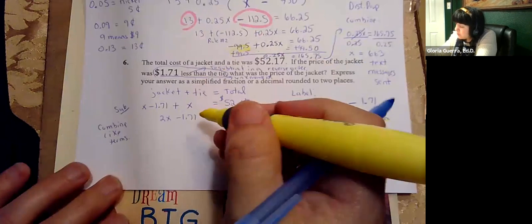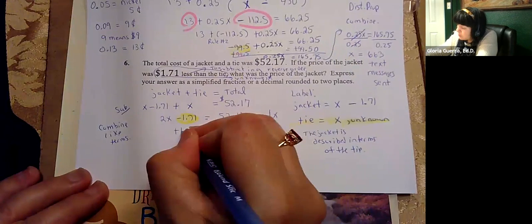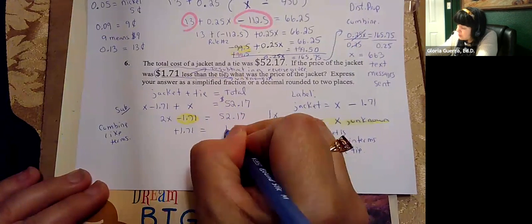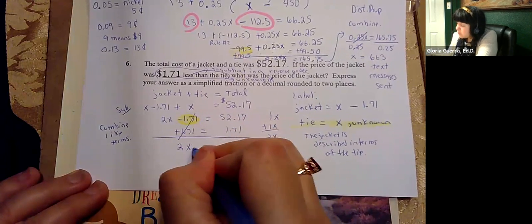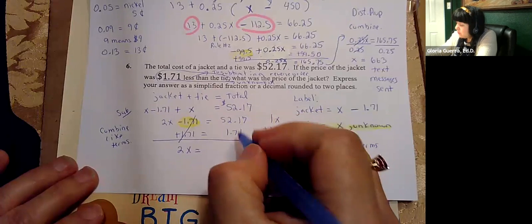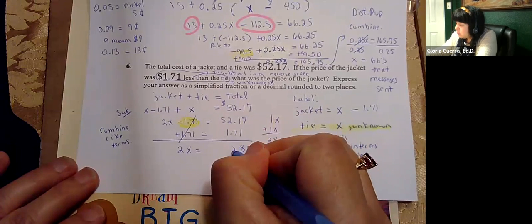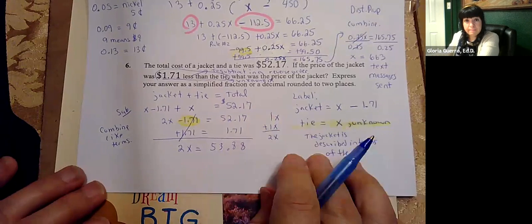I'm going to add opposites. So I'm going to add a plus 1.71 to both sides. This falls out. 2x equals, and I'm going to add that up. 7 and 1 is 8, 2 and 1 is 3. Looks like 53.88.